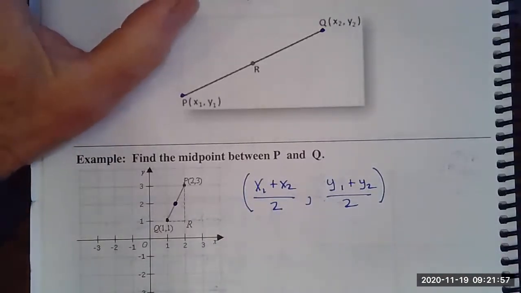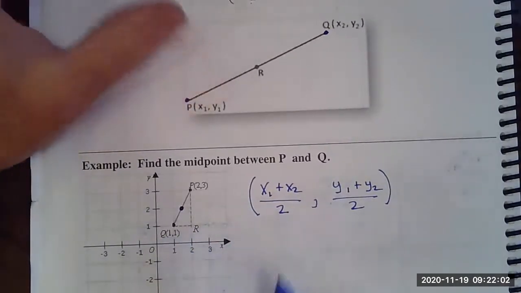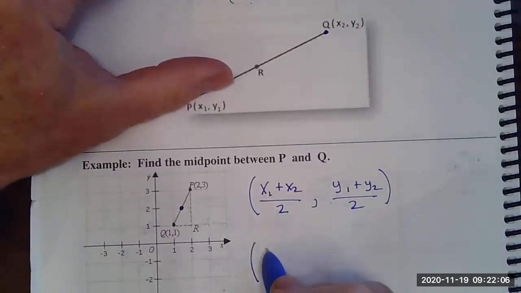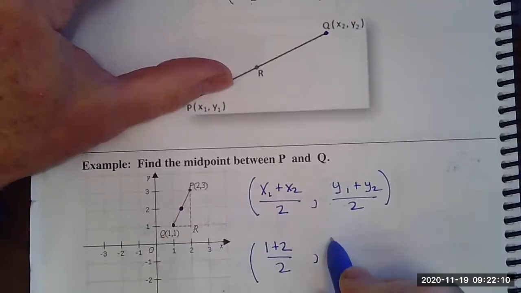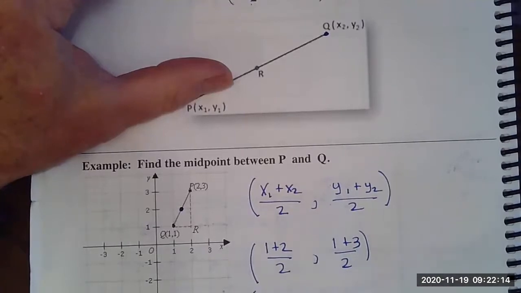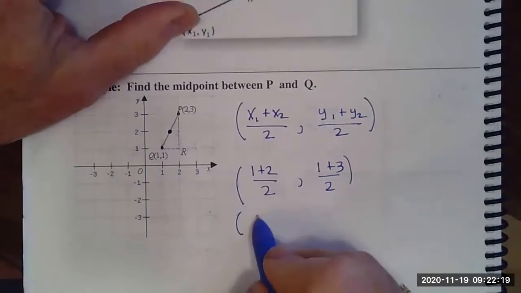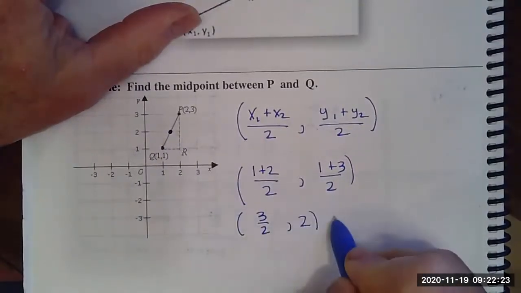I'm reading from left to right. I see Q is first. So I'll say that if you're adding them together, it doesn't matter. All right, so you got 1 plus 2 over 2, and you've got 1 plus 3 over 2. Sure enough, it did look like what I'm going to get right here. 3/2, comma 2. Yep, sure, check.